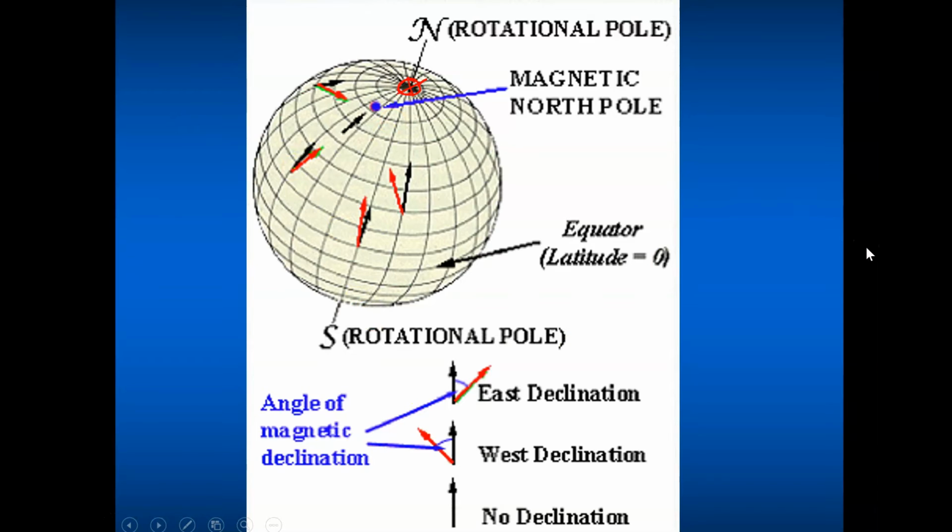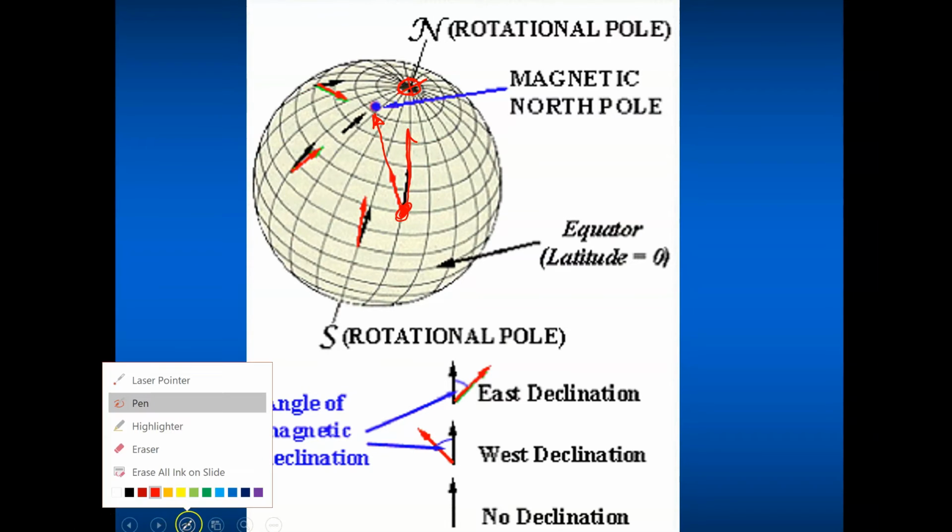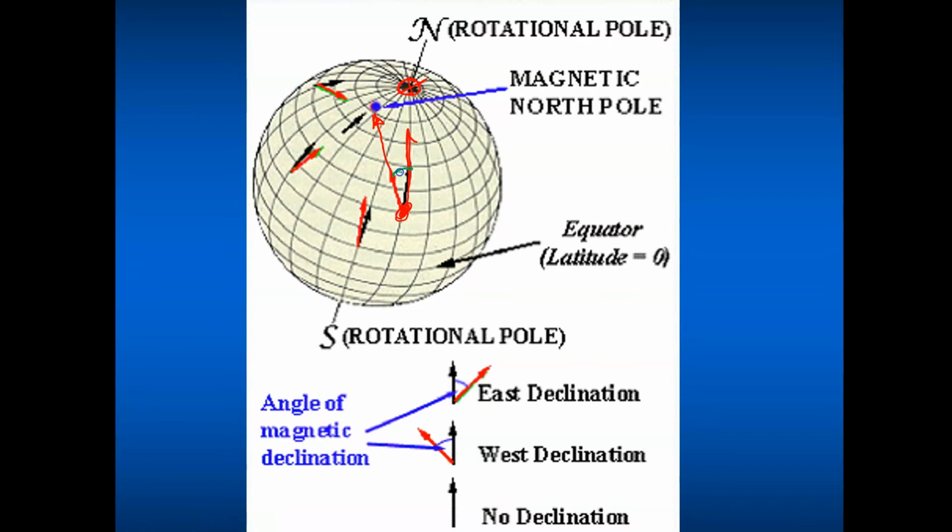It depends on which north we use. So if you are here, let's say there, if you refer to true north, your north will be that direction. But if you're there, if you're using magnetic north, the north will be that direction. And you can clearly see on that figure that there is a difference between true and magnetic.